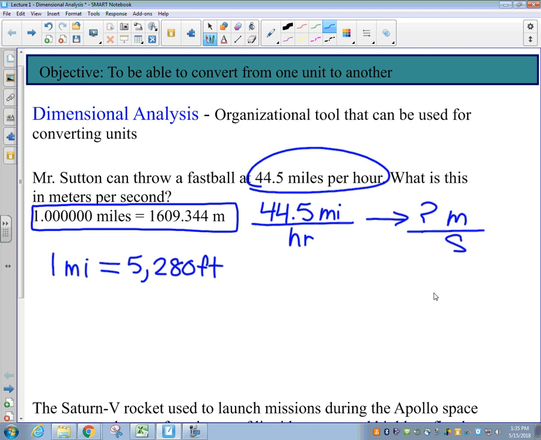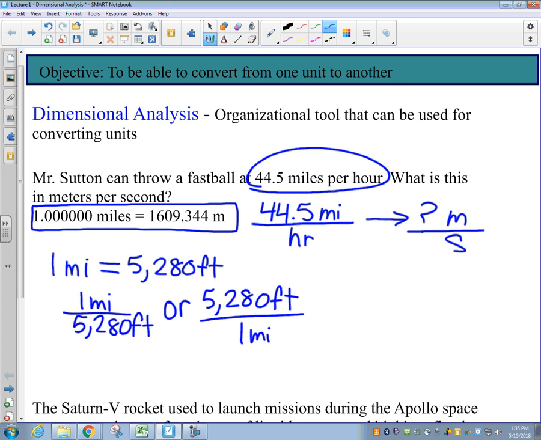Now, when I look at this conversion factor, I can express this as a fraction. I could write it as 1 mile over 5,280 feet, or I could also express it as 5,280 feet per 1 mile. These values are equivalent to one another.